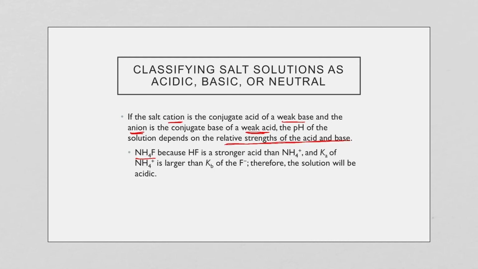one way to look at this is to compare the two acids. The weak acid here is the ammonium ion, and the conjugate acid of our negative ion is HF.